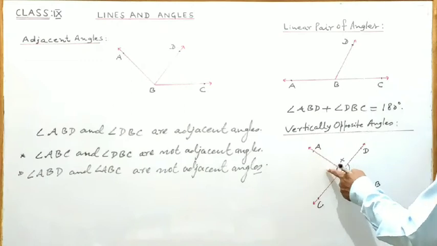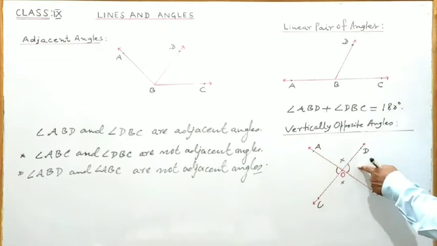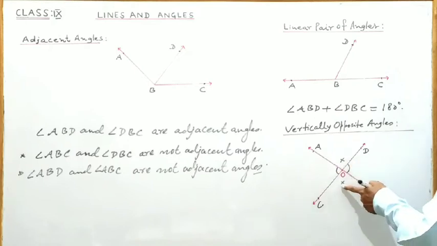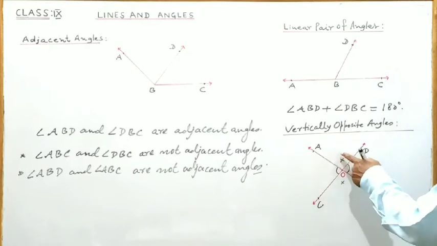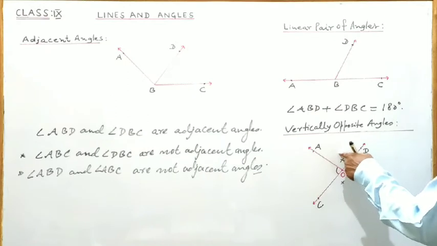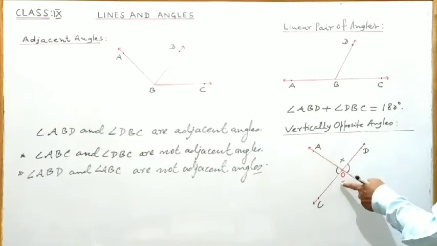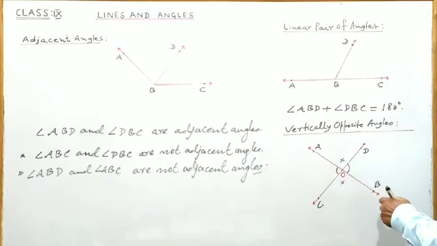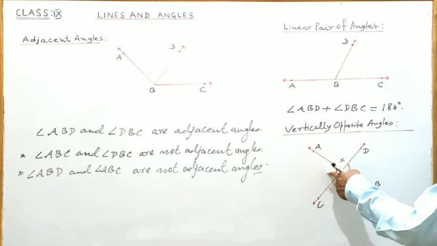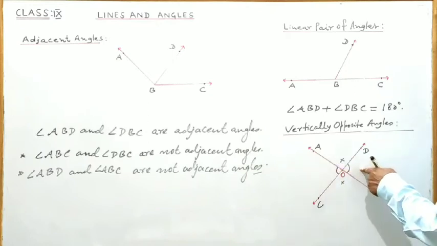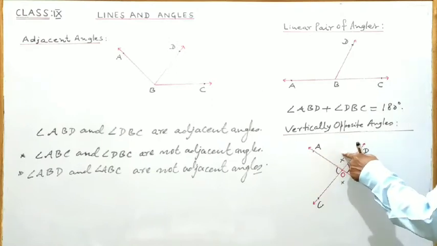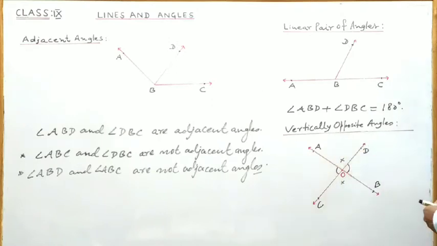Angle AOC and angle BOD, one pair of vertically opposite angles. Angle BOC and angle AOD, second pair of vertically opposite angles, and each pair of vertically opposite angles are equal. So, angle AOC is equal to angle BOD and angle BOC is equal to angle AOD.